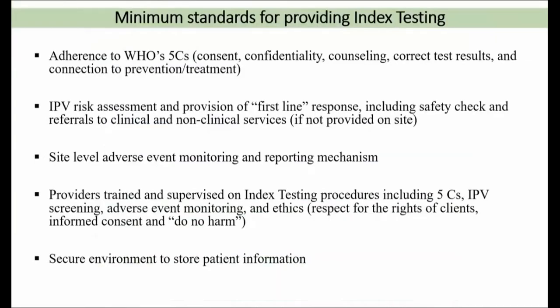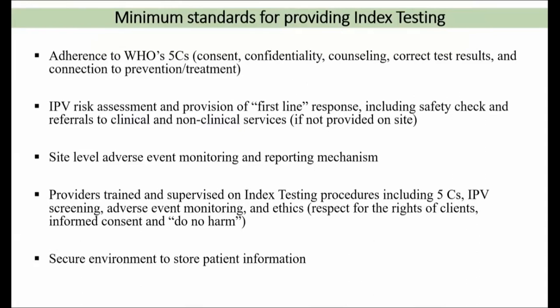These are the minimum standards: adherence to the WHO's 5 C's, which are consent, confidentiality, counseling, correct test result, and connection to prevention or treatment. Then intimate partner violence related risk assessment needs to be done, and first line response with a safety check needs to be provided. A person needs to be trained on IPV risk assessment and providing first line support. There must be a site level adverse event monitoring and reporting mechanism.